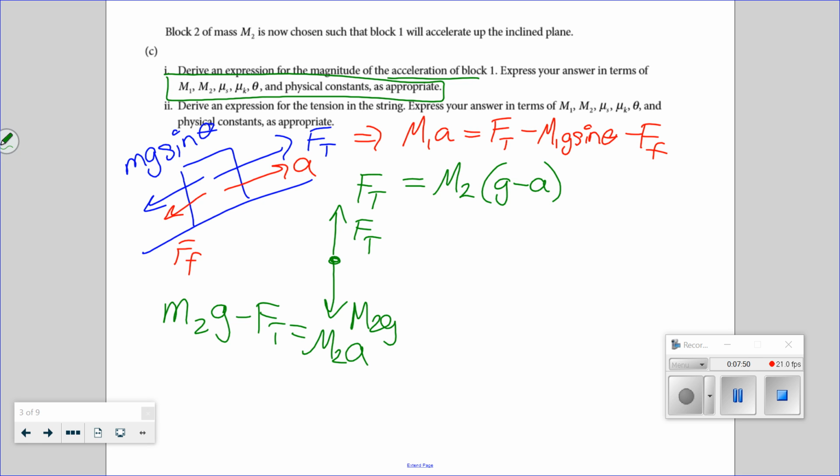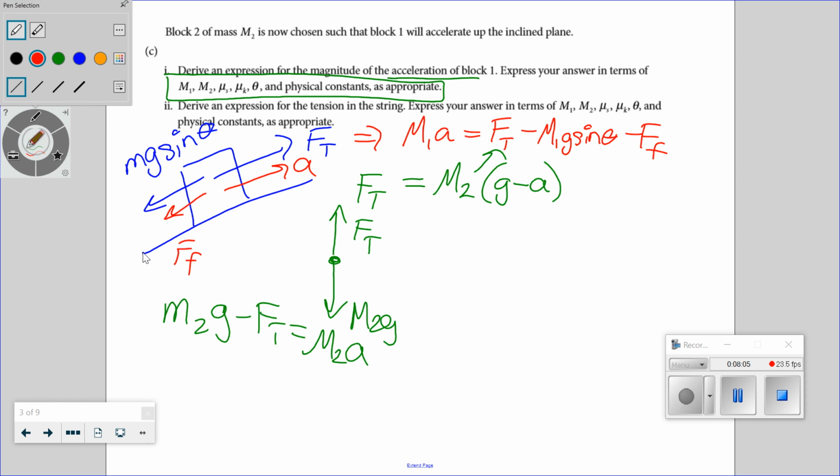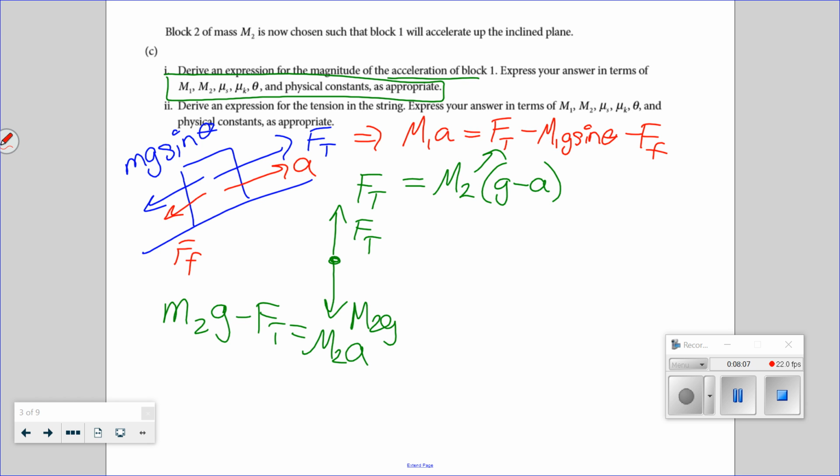Okay? And then this is AP Physics. Oh, I'm going to have to collect terms. So this gets substituted in there. I'm going to have (m1 plus m2)a. So if I solve it, let's go big brain. I'm going to have m2g plus m1g sine theta. Oh, I could simplify that, but I won't.